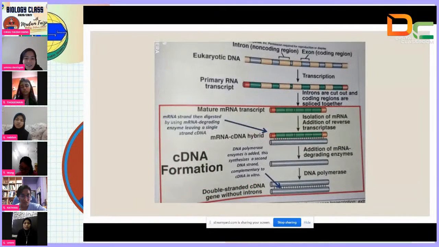Who wants to present this? This diagram is actually exactly from our books, Ratika, exactly from our notebooks, showing the cDNA formation.